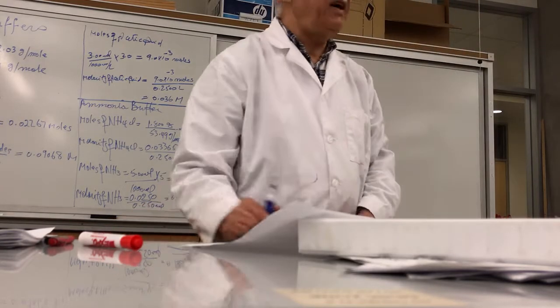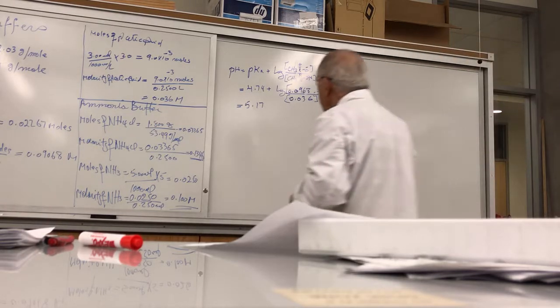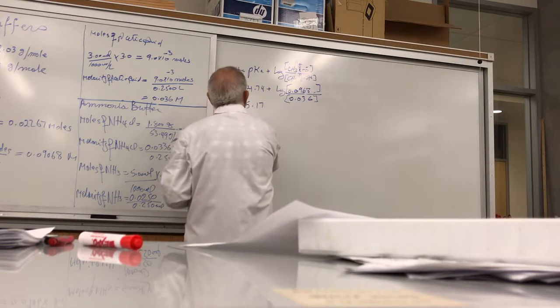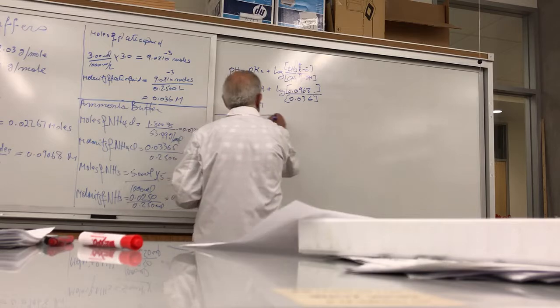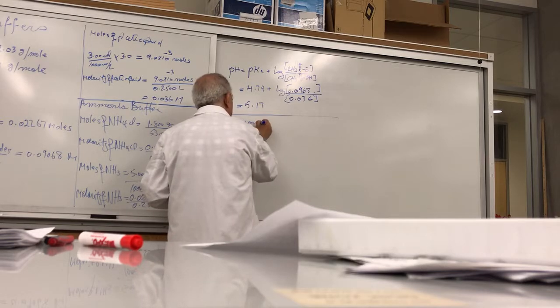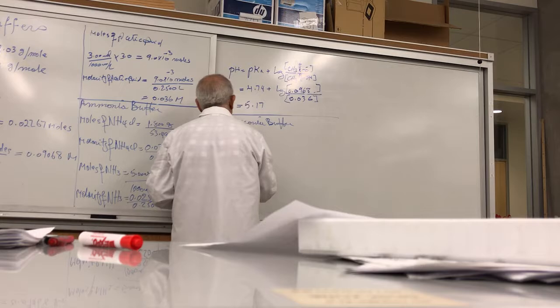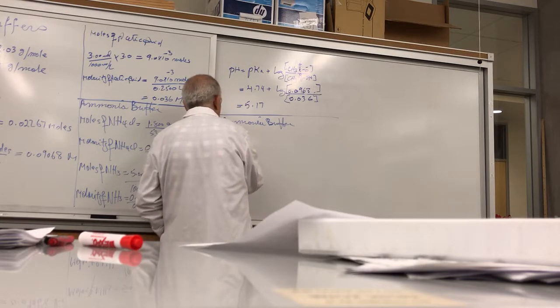Okay, do you know how to find now the pH of your buffer solution after you do all your calculation? That's the acetate buffer. This is the ammonia buffer. Okay, they want the pH of ammonia buffer.